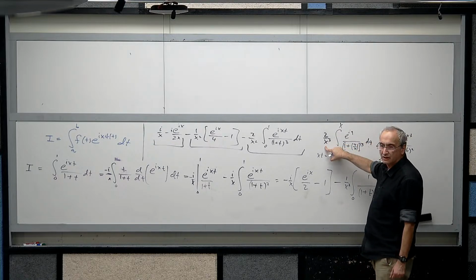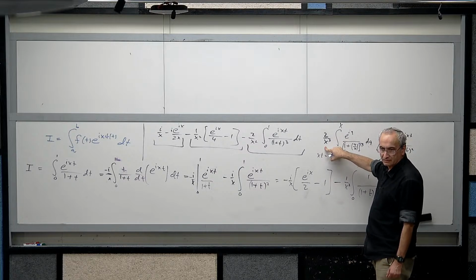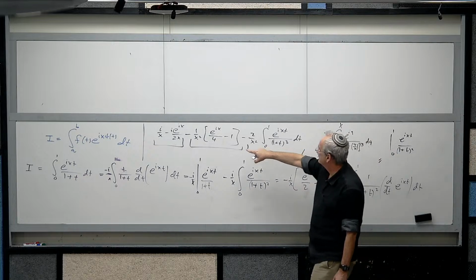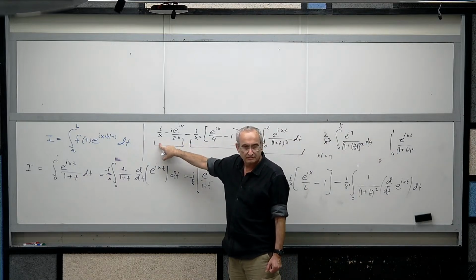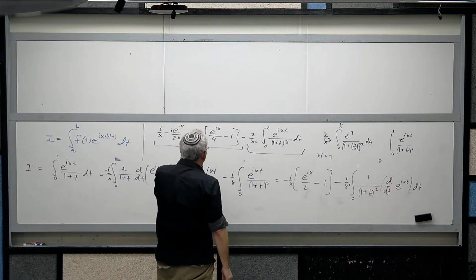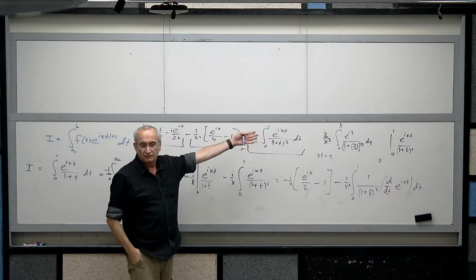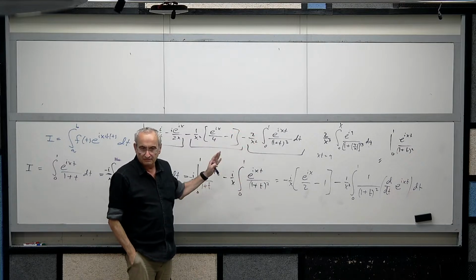So I will get e to the i 2 over x cubed. So this will be smaller than this and smaller than that. Okay? And therefore, it's a fair expansion, and we can continue with that to infinity if you like.